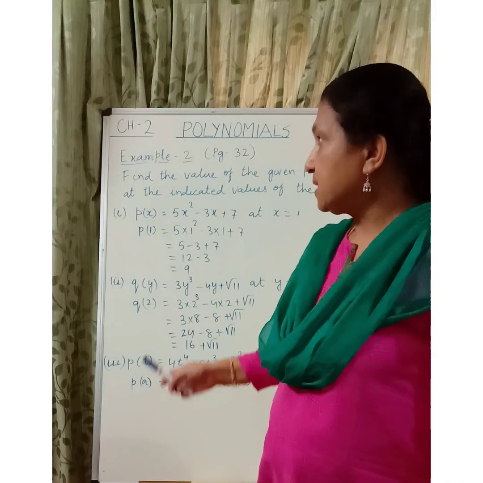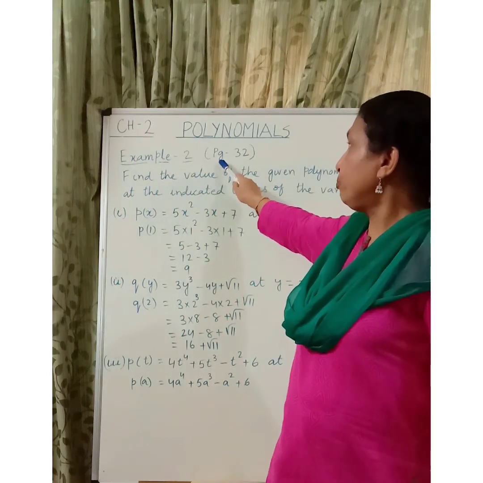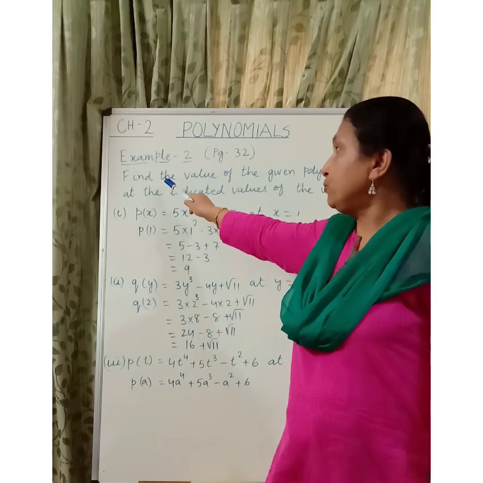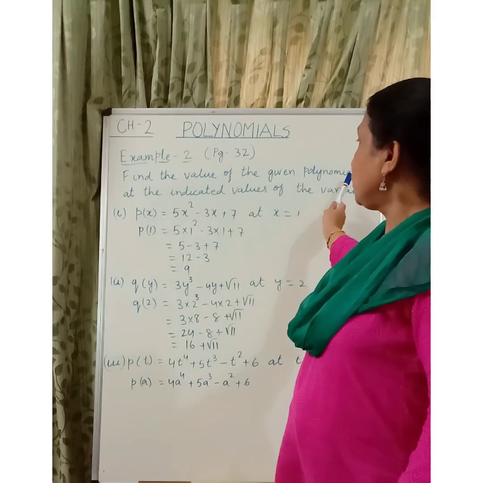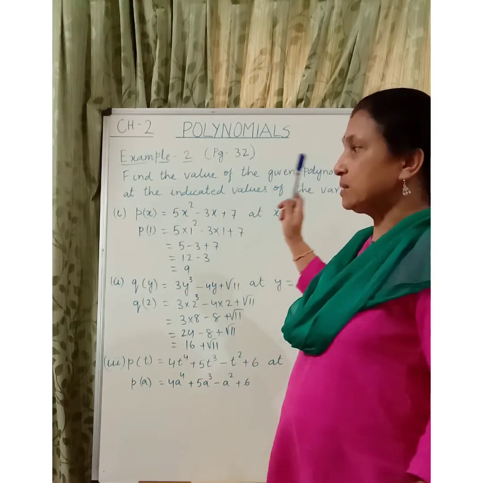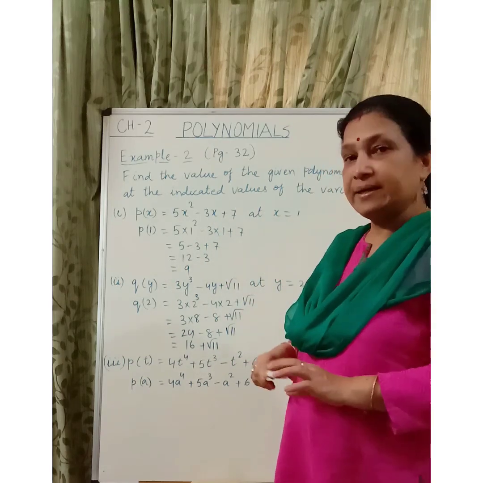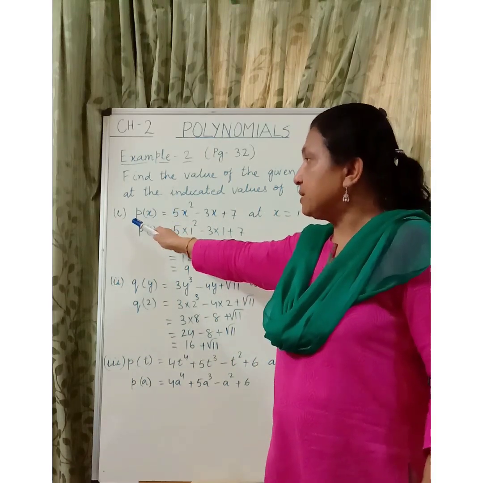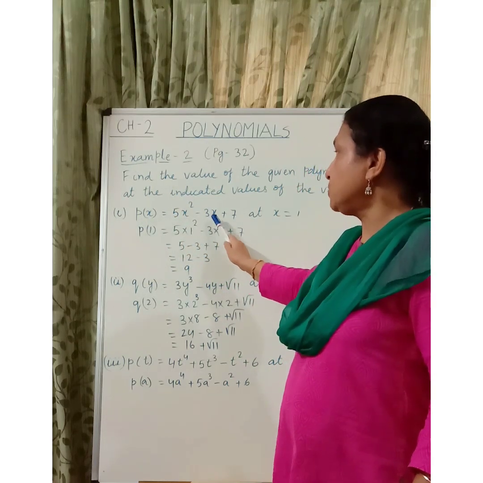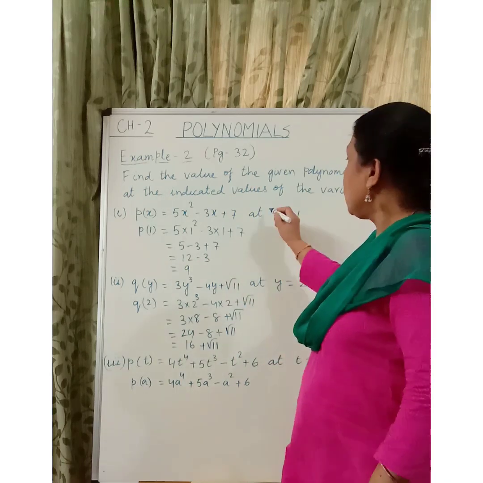Let us take one example, that is example 2 of page 32 of the NCERT book. Here we have to find the value of the given polynomials at the indicated values of the variables. The values of the variables are already indicated here. The first question is p(x) is equals to 5x square minus 3x plus 7 at x is equals to 1.